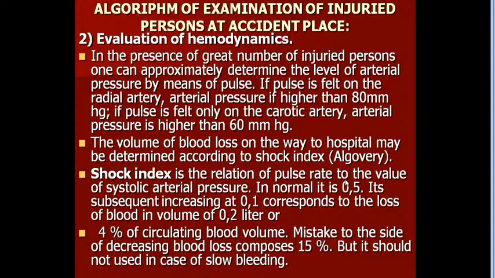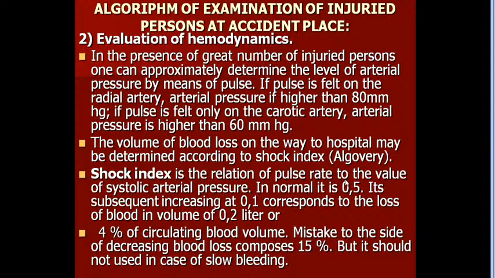The volume of blood loss on the way to hospital may be determined according to the shock index by Algower. Shock index by Algower is the ratio of pulse rate to the value of systolic arterial pressure. Repeat: shock index is the ratio of pulse rate to the value of systolic arterial pressure.